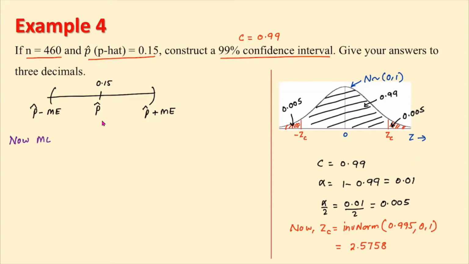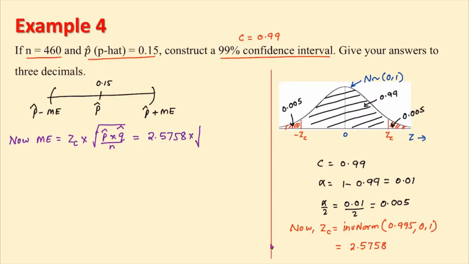Now margin of error is given by the formula Z critical multiplied by the square root of P hat times Q hat divided by N. So we can plug in the values. Z critical is 2.5758. That's your Z critical.